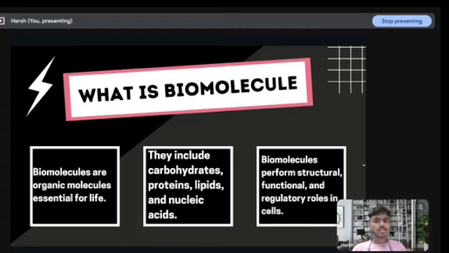Whatever reactions are taking place inside the cells are because of these biomolecules, and hence the cell is able to perform different kinds of activities throughout the day. What activities we perform on a cellular level are because of the interactions and reactions which take place between these biomolecules.